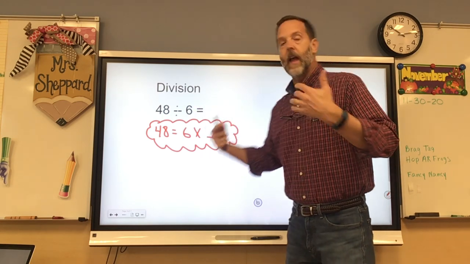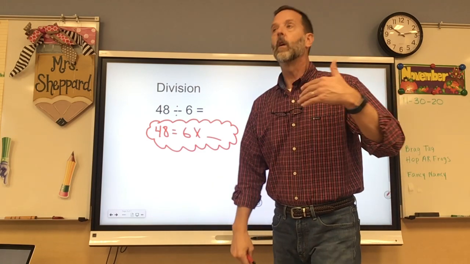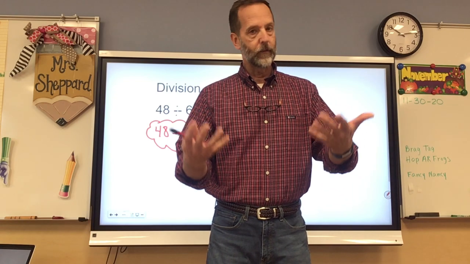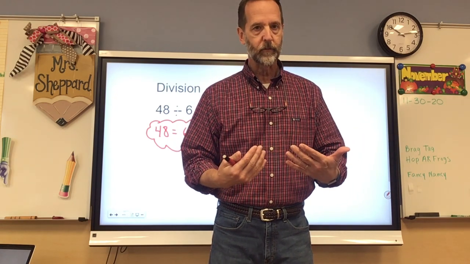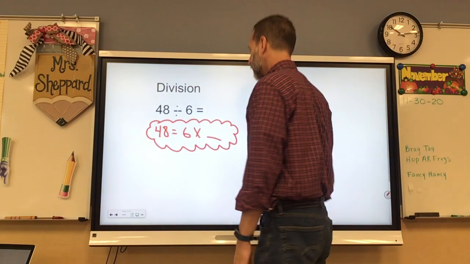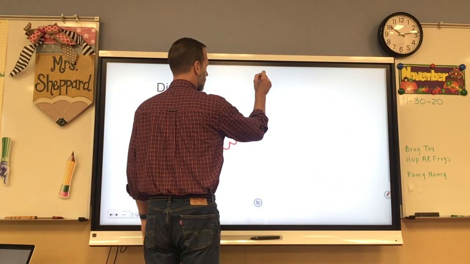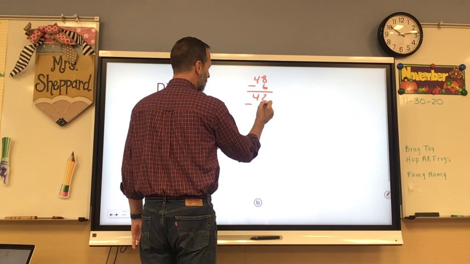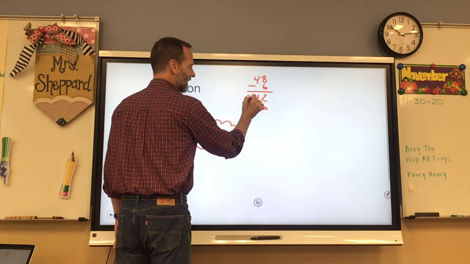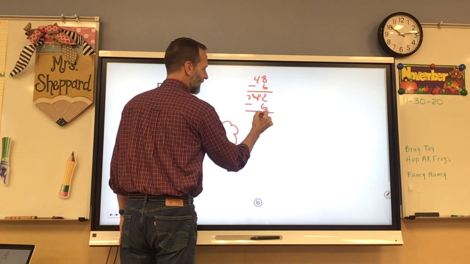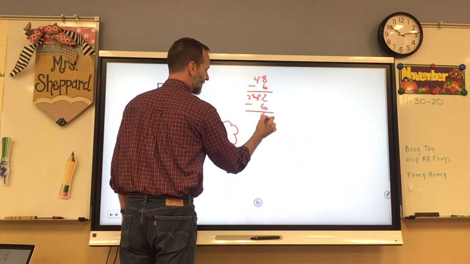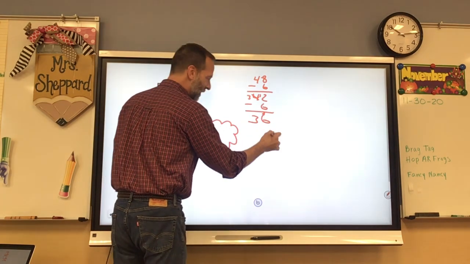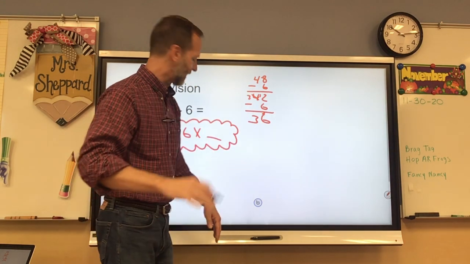Now, multiplication is repeated addition, and division is repeated subtraction. Okay? You could do 48 minus 6, 42 minus 6, you get 36, you go minus 6, and you can keep doing that all the way down.